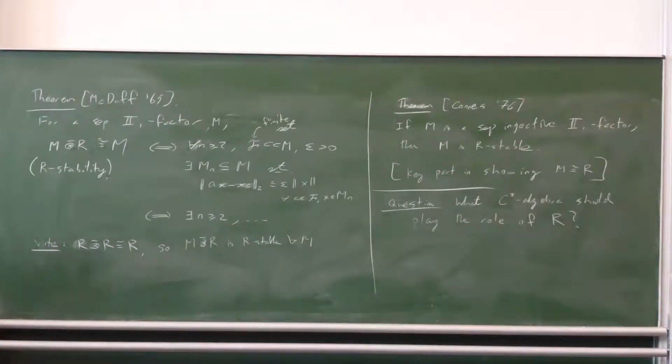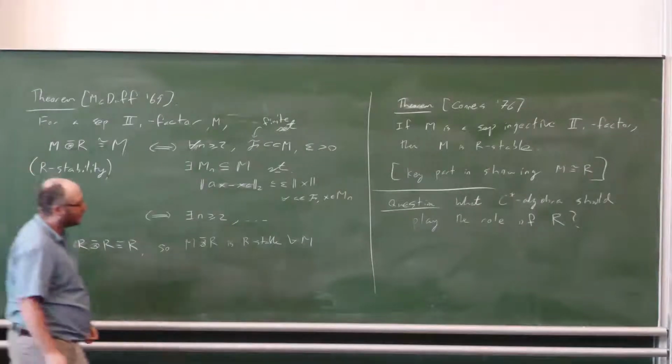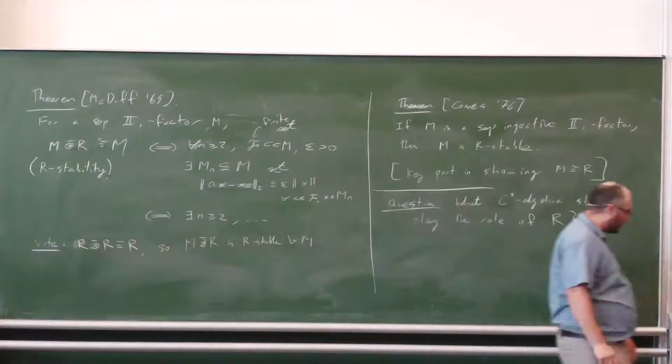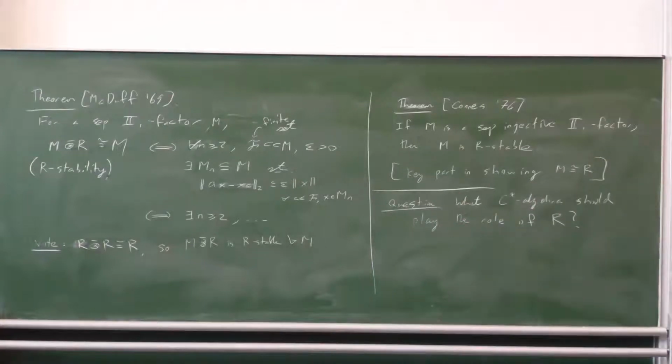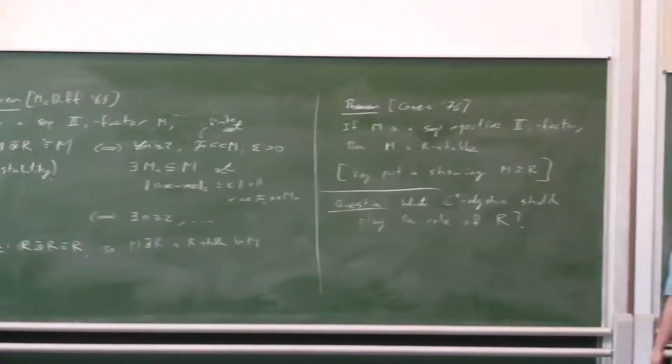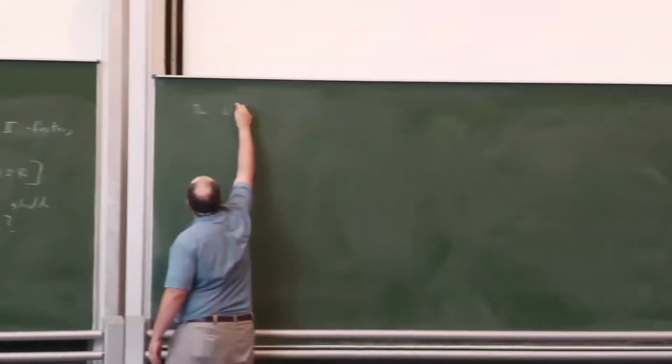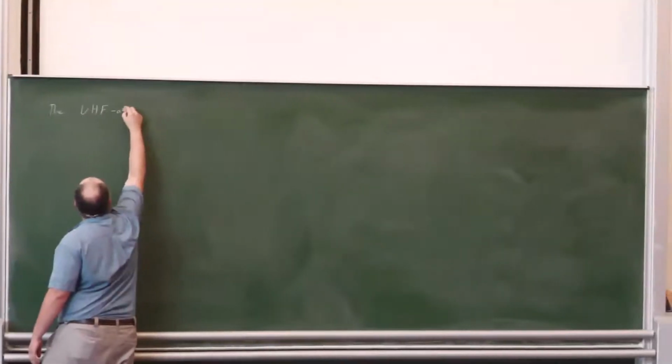You could try to take the same algebra, take an increasing sequence of matrix algebras, and take their norm closure to get a C-star algebra instead of a von Neumann algebra. So you get what are called UHF algebras.